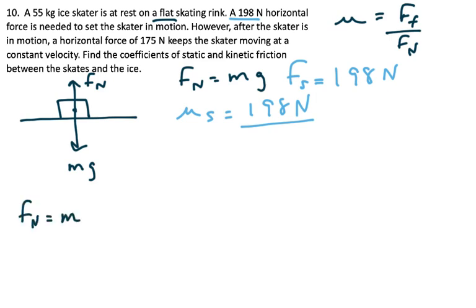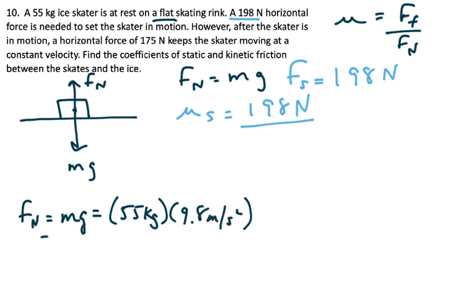So mg, mass is 55, g is 9.8, so your normal force ends up being 539. So we're going to take our static friction and divide it by 539 newtons. And that gives us a coefficient of static friction that is equal to 0.37.